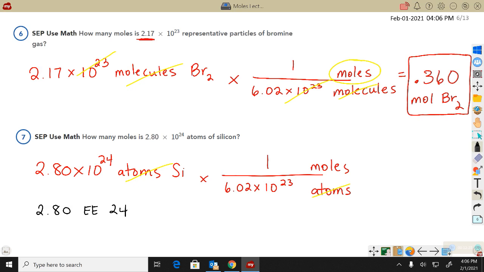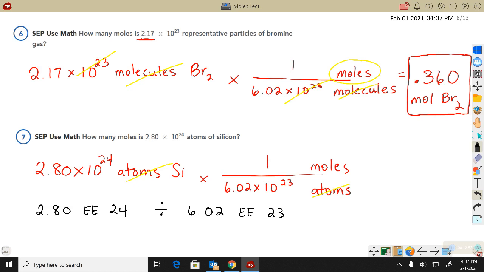Now technically I'm going to divide, so I'll go divided by, and then I'll plug in 6.02. Then similarly, hit that EE second function key, and then you just tell it 23. You don't have to say times 10 to the, that EE key knows that you mean scientific notation. All right, so let's try it.